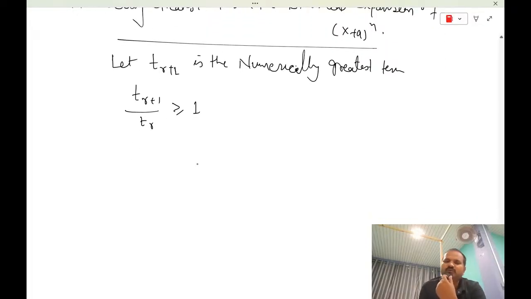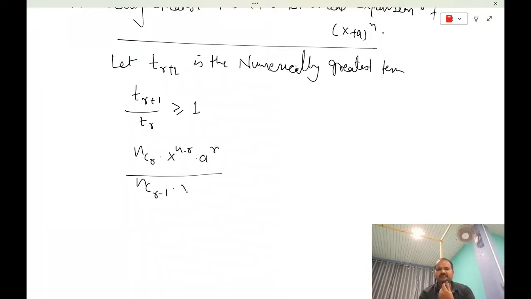We will use the formula T r plus 1 is nCr x to the power n minus r into a to the power r, and T r can be written as nC r minus 1 x to the power n minus r plus 1 into a to the power r minus 1. We will try to solve these expressions.